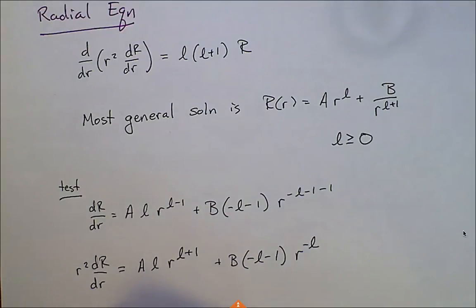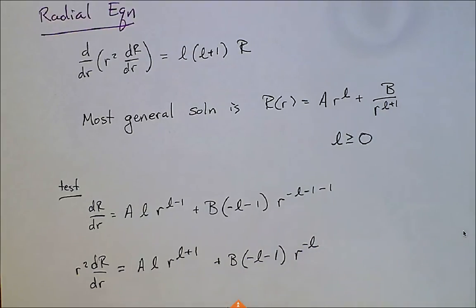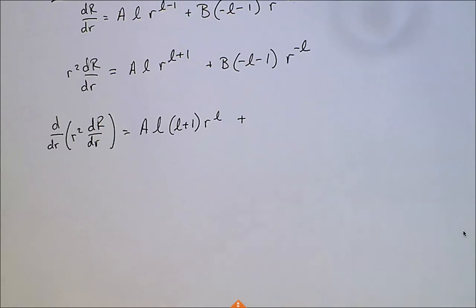And then let's take the derivative of this. So again, a times L, L plus 1, r to the L. Oops, that did not show up. Very sorry. There we go.